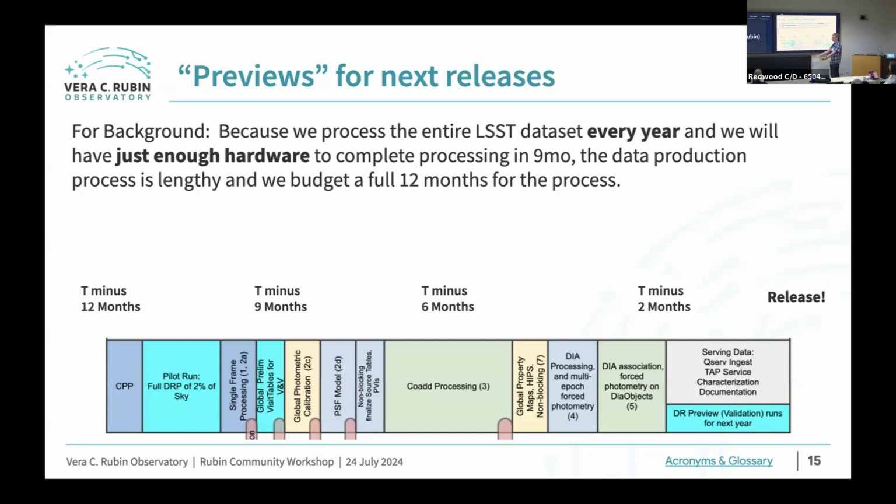This is a nice diagram that Yusra made describing all of the steps that need to happen in that 1-year timeline, from T-minus 12 months, where we've collected all the data and say, okay, this is the last visit that's going to go into the release, and then over here on the right side, it goes out to the community.